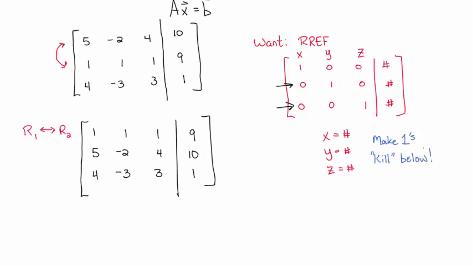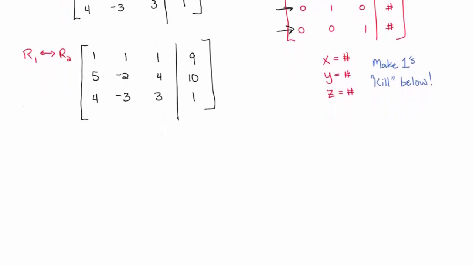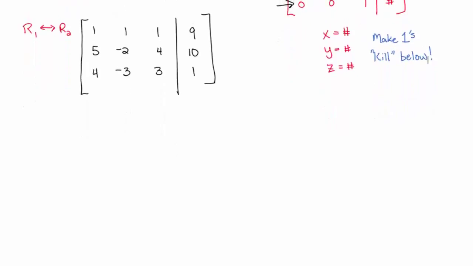Okay, that I don't kill above, I only kill below. Some people teach about making the zeros go above at the same time. I don't, because I think that that's a tragic method. It leads to more computation than necessary. All right, so how are we going to kill off that 5 and that 4?